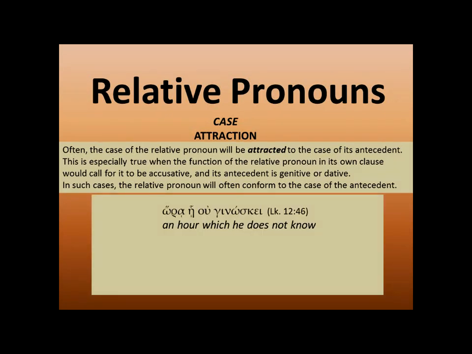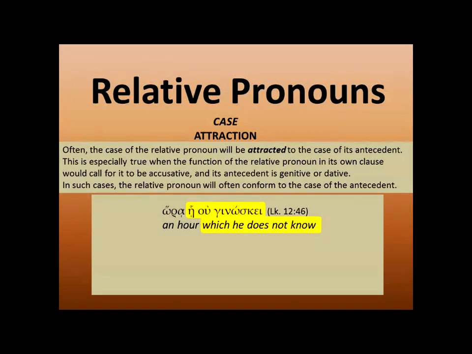Hora he ugnoske, an hour which he does not know. This is an example. Our relative clause, he ugnoske, which he does not know. He would be our subject, know is our verb, and which would be the object of knowing. We would say it would be the direct object. And so we would expect that which would be accusative, because it would be the direct object of the verb ginoske.